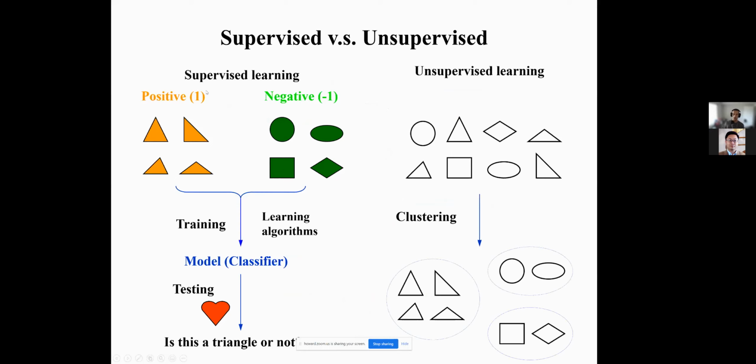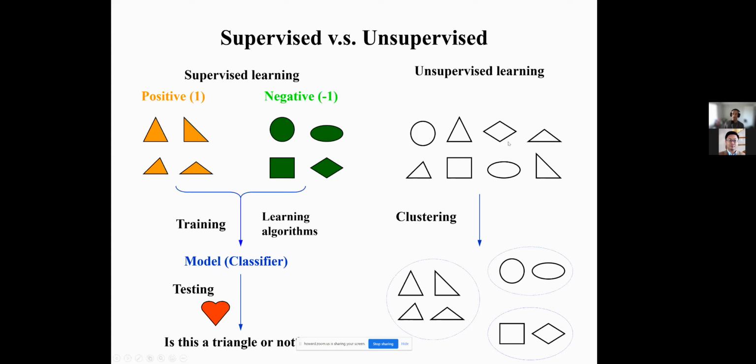Triangles are one, negative ones are not triangles. Then you put something into your algorithm, and it's going to say, is it a triangle or not? The funny thing is here, it's showing a heart. Is it a triangle or not? But basically, that's supervised learning because you feed your algorithm, you train it to learn what triangles are. And if it's not a triangle, it's not a triangle. And that's how it learns.